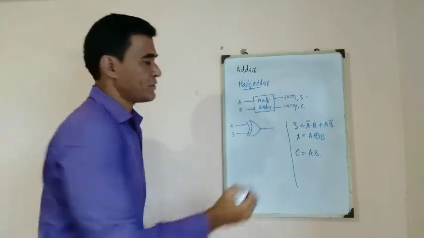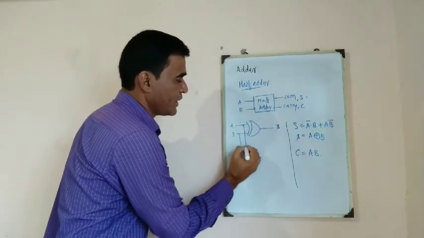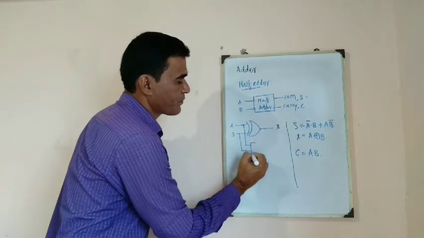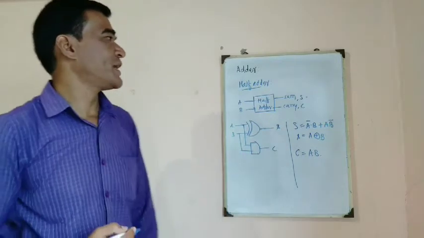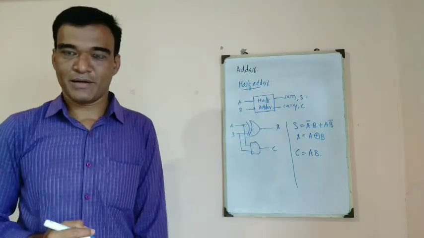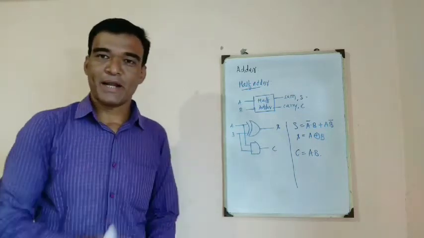A and B. So here we will get a sum. And what is carry? Carry is nothing but A dot B. I need to use the AND gate. And this is nothing but the logic diagram for the half adder. Right? This is all about the half adder.